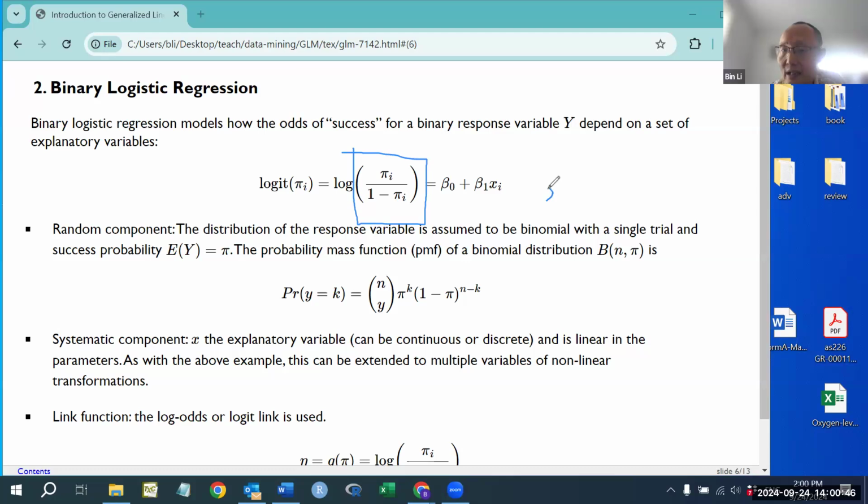We first take the exponential of beta. Then we say by 1 unit increase of x, the odds will increase or decrease by this amount. That is a better interpretation because the odds are easier to understand.